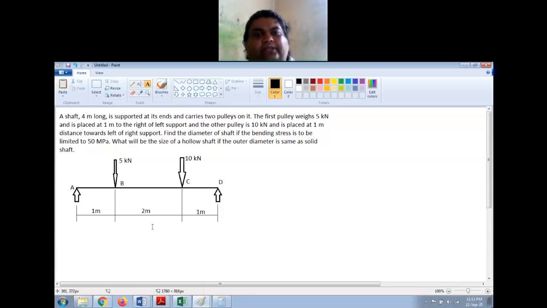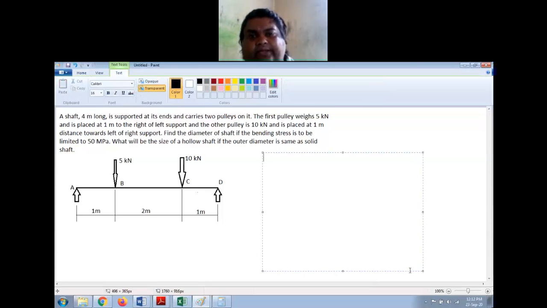Now I need to find the maximum bending moment. So for finding the maximum bending moment, I will have to first find the support reactions. So for finding the support reactions, I will take moment about A. So I have reaction here.